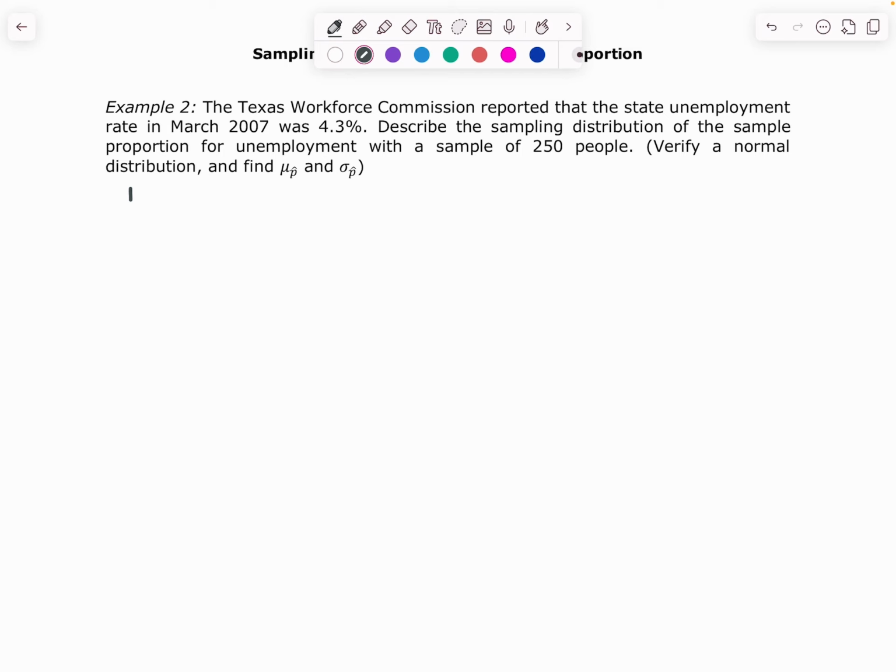So the first thing we're going to do is make sure that we have a normal distribution. To do that, we're going to do n times p times 1 minus p, and we want to make sure that that's greater than or equal to 5.